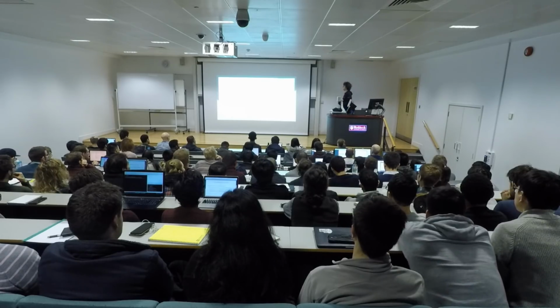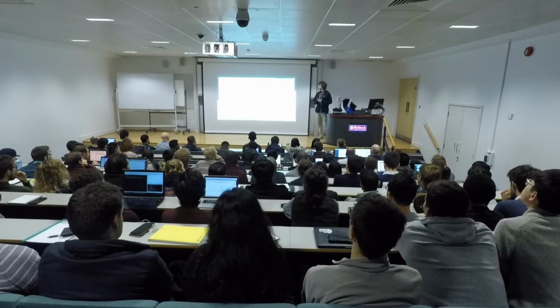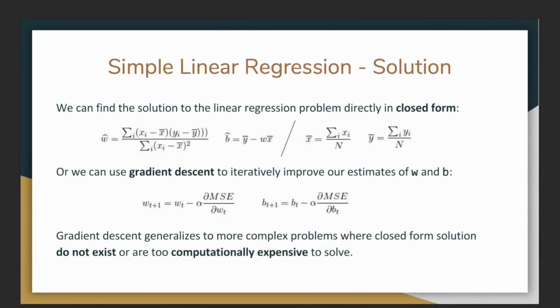So in the univariate linear case, you can actually find these coefficients in closed form. There is an equation that gives you the best values for both W and B for a given data set, the two values that minimize the prediction error on the data set. And these are the equations you can see on the second line.